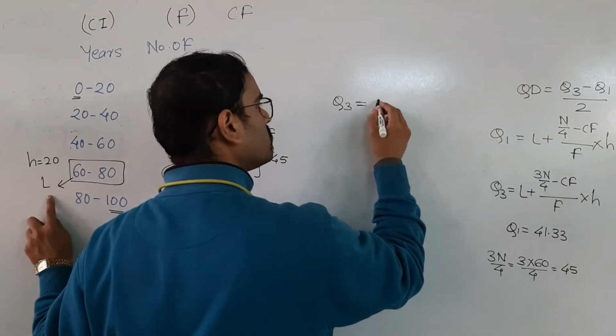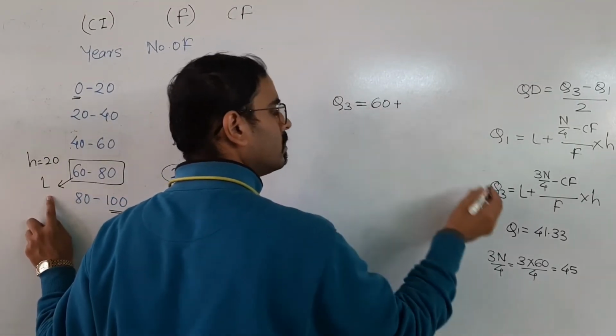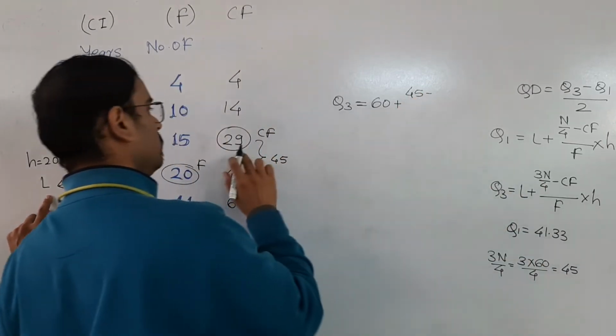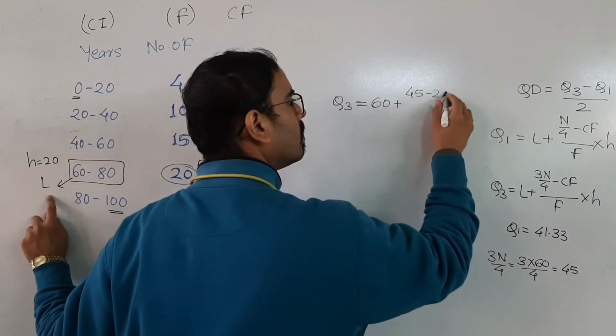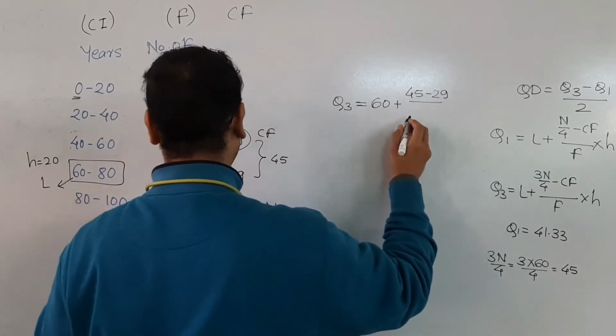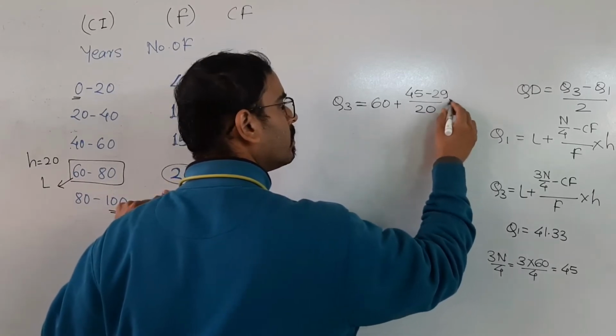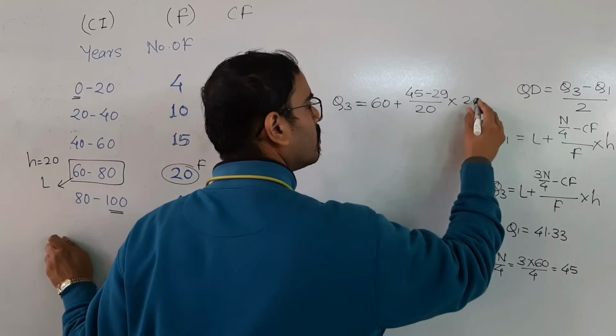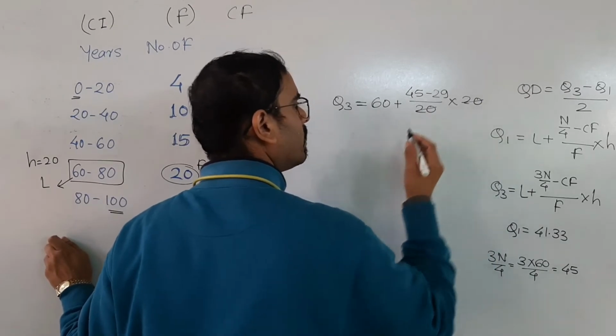Value of L is 60. 3n by 4 is 45. 45 minus Cf, which is 29, divided by frequency, which is 20, into H, which is 20. So 20 will be directly cancelled.